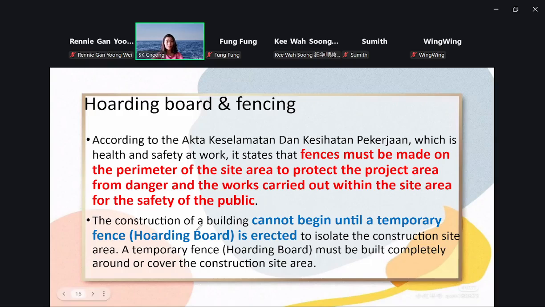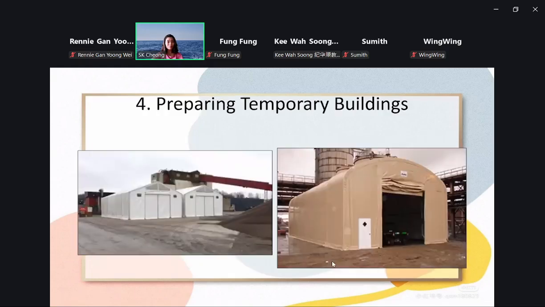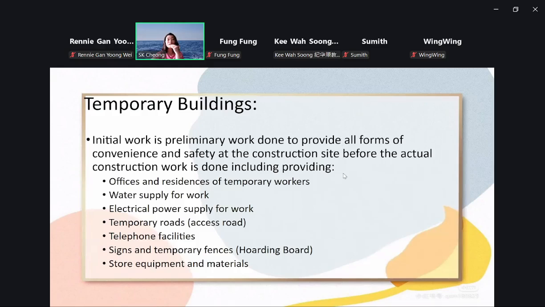Okay, remember, it is a must. So you cannot begin until you have fenced it up, right? So remember, what is the hoarding for? After you have set up the boundary lines with the hoarding, then only you get ready with all the buildings inside your site, temporary buildings. What are there?